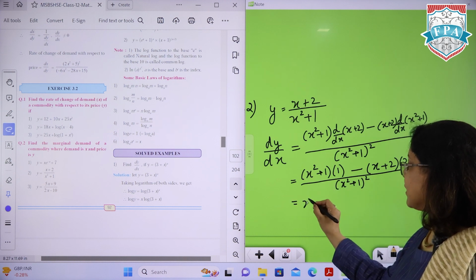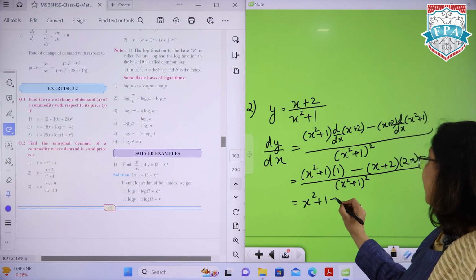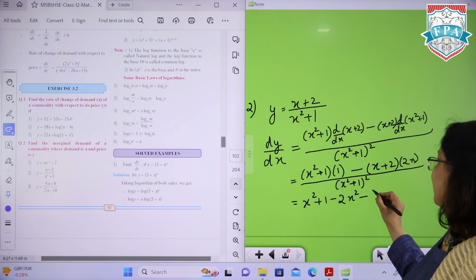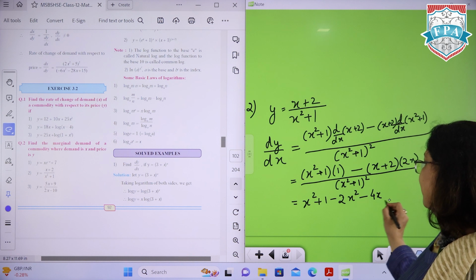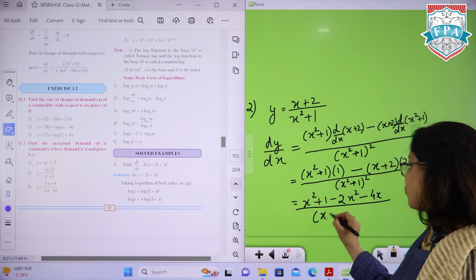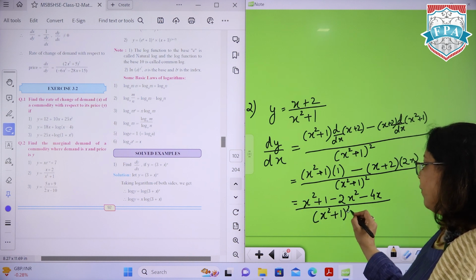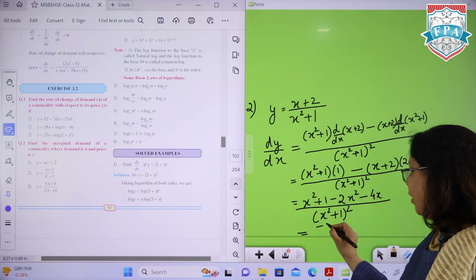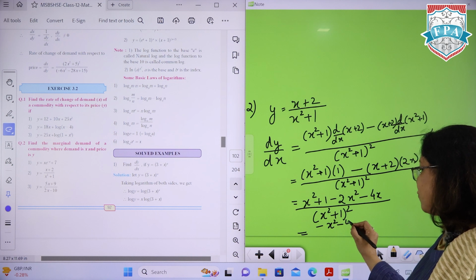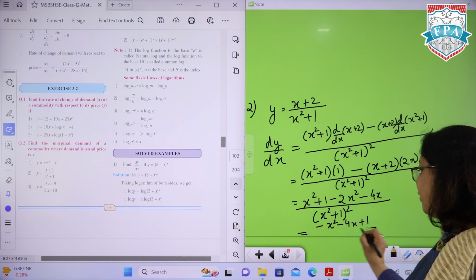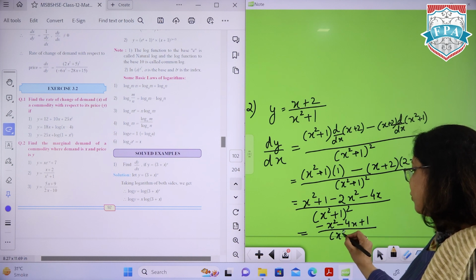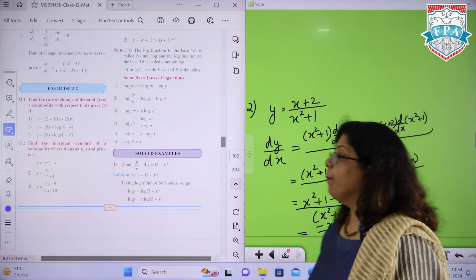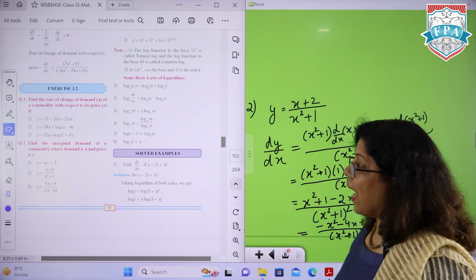When you open it, it's x² + 1 minus 2x² and then minus 4x, whole divided by (x² + 1) whole squared, which will give you, after solving, (−x² − 4x + 1) divided by (x² + 1) whole squared. Now, this is what you got as dy/dx, but that is not what we actually wanted.